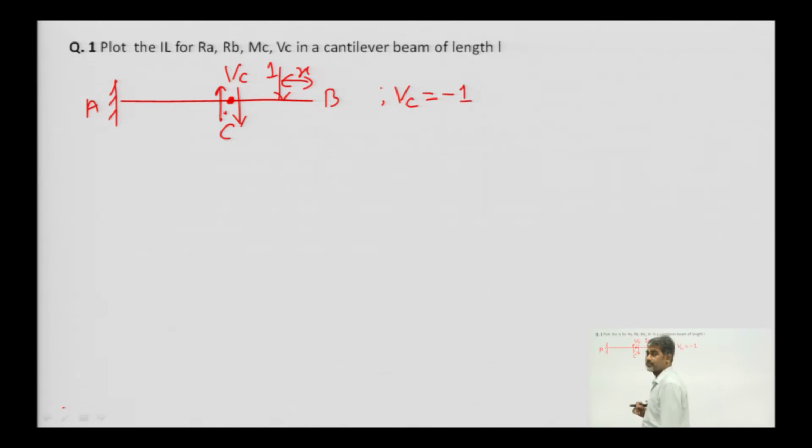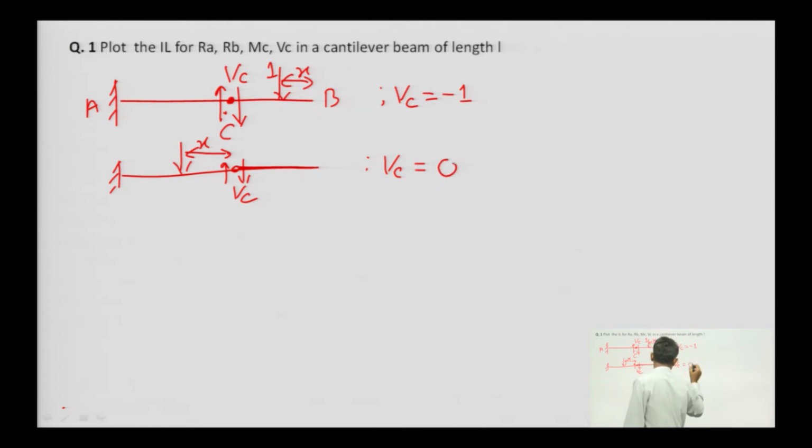And similarly, if unit load is acting in this segment at certain distance, say x, then what will be the value of Vc? Consider this one segment, no load is here, so this value is 0.